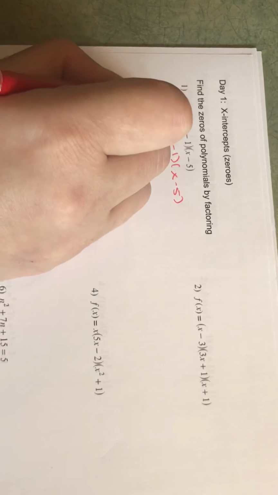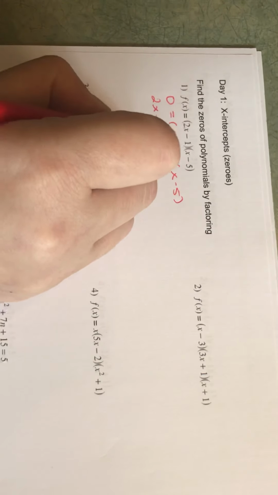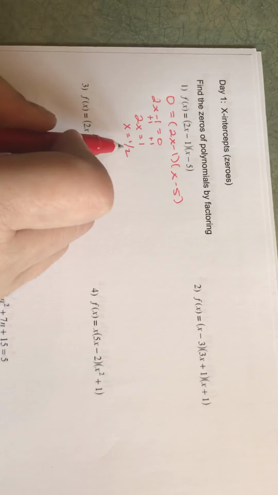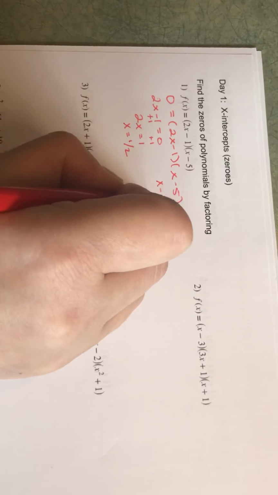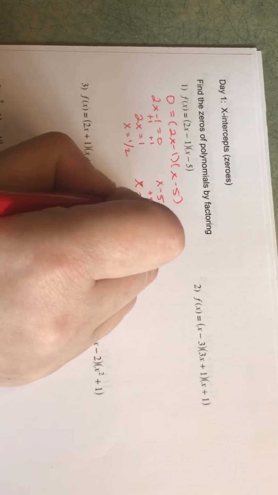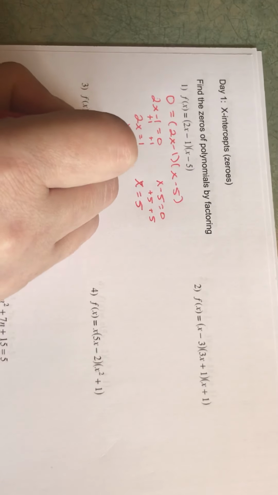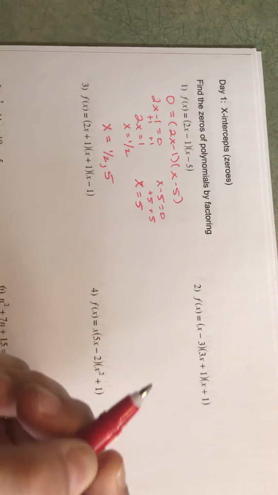So 2x minus 1 equals 0, so 2x equals 1, so x equals 1/2 is one of our solutions, or one of our zeros. And then x minus 5 equals 0, add 5, and we get x equals 5. So our zeros are 1/2 and positive 5.